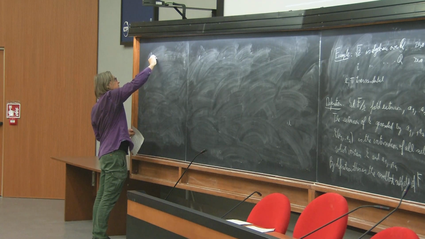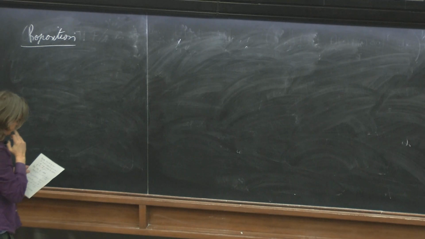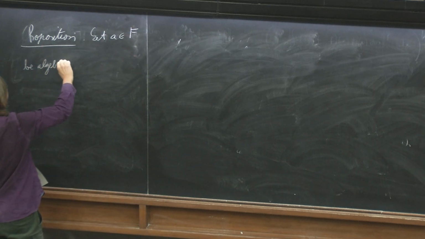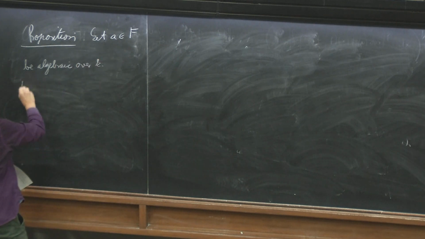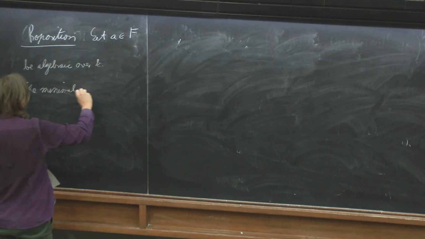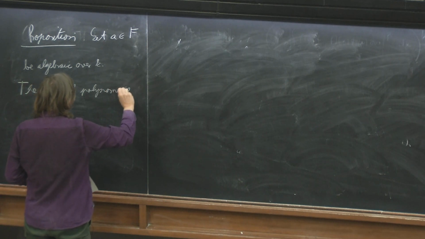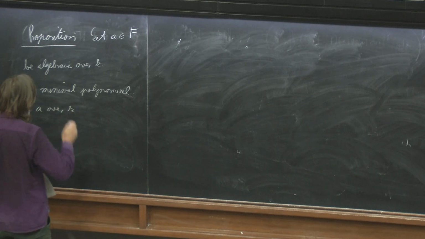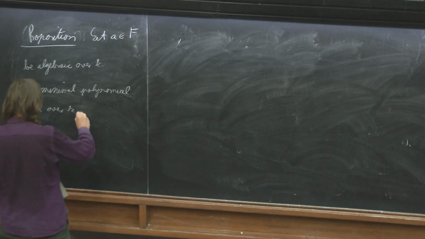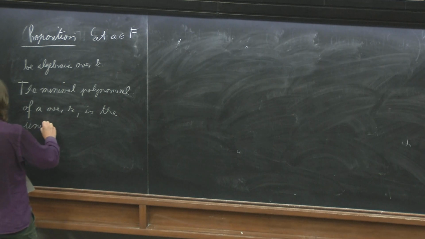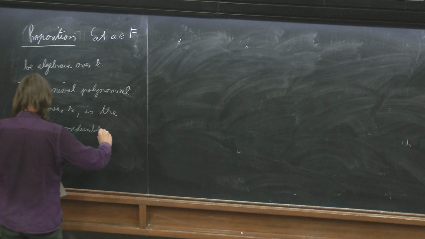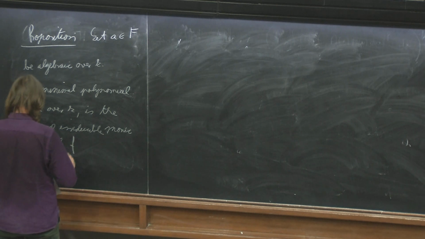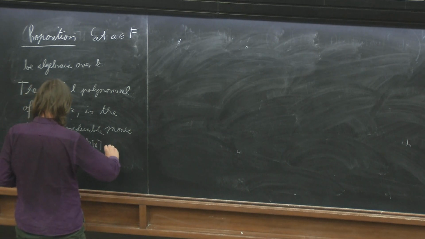So this is the following proposition. Let A in L be algebraic over K. Then the minimal polynomial of A over K is the unique irreducible monic polynomial f in K[x] with f(A) equal to 0.